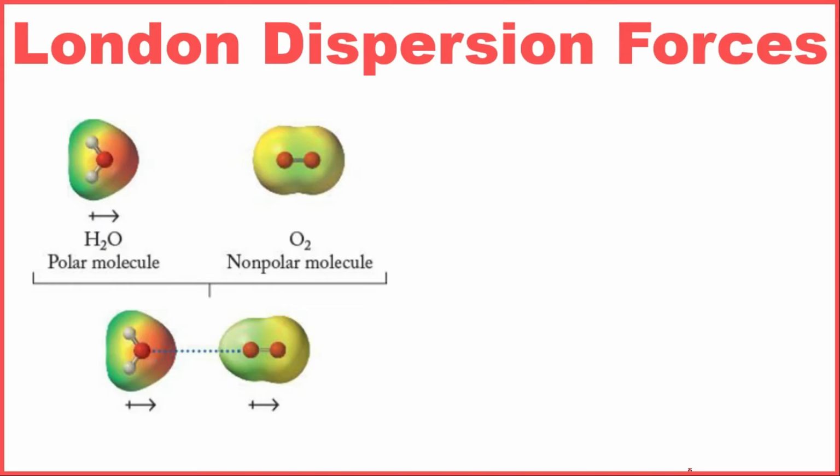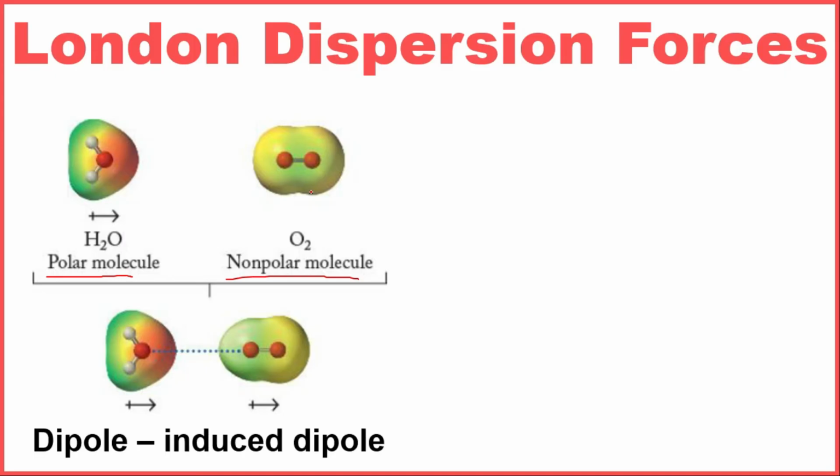For example, I have here a polar molecule, water, and a non-polar molecule, oxygen. So when they attract each other, this will now form a dipole-induced dipole. A dipole-induced dipole is a weak attraction that results when a polar molecule induces a dipole in an atom or in a nonpolar molecule by disturbing the arrangement of electrons in the nonpolar species.